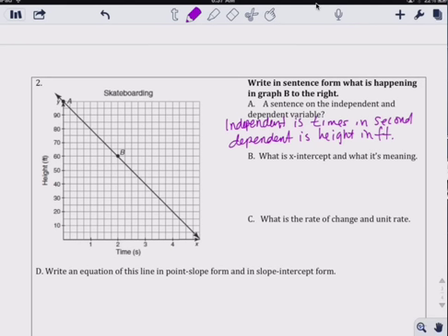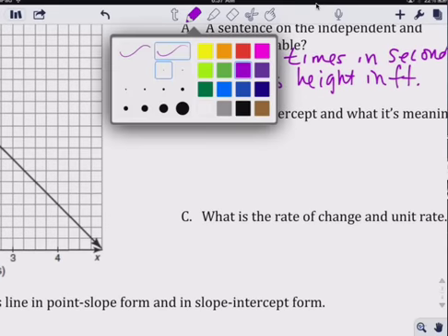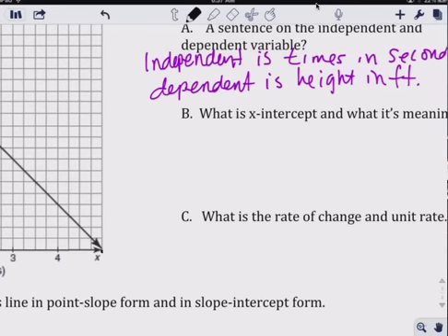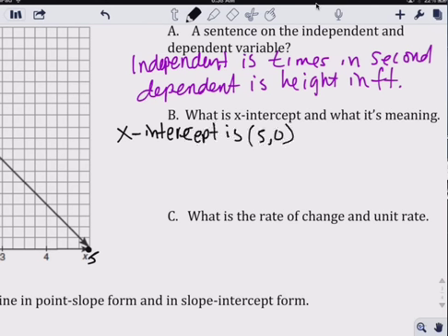What is x-intercept? What it means. X-intercept looks like it may be right here. That's a 5. So x-intercept is 5, 0.